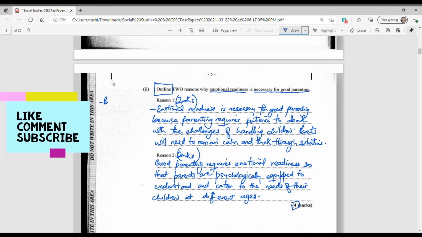So that would also give you your 2 marks for this section here. So we would have outlined 2 reasons why emotional readiness is necessary for good parenting.